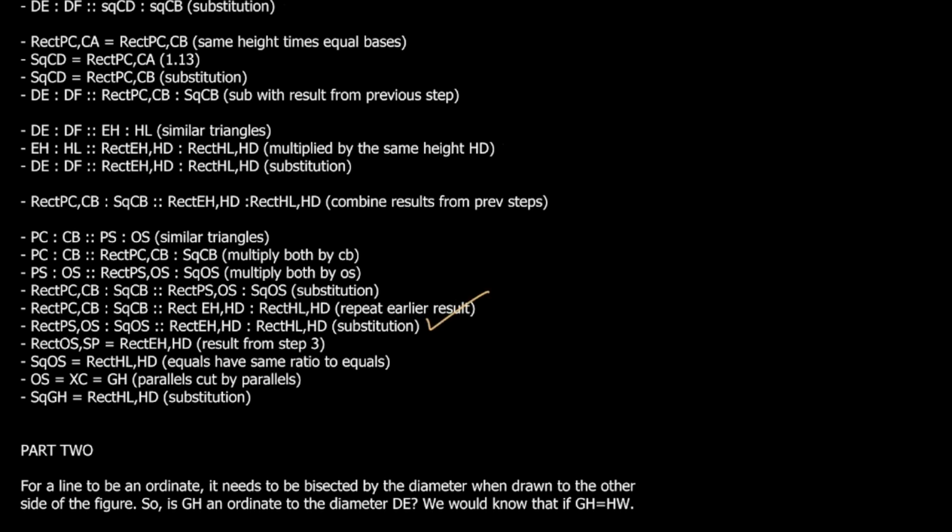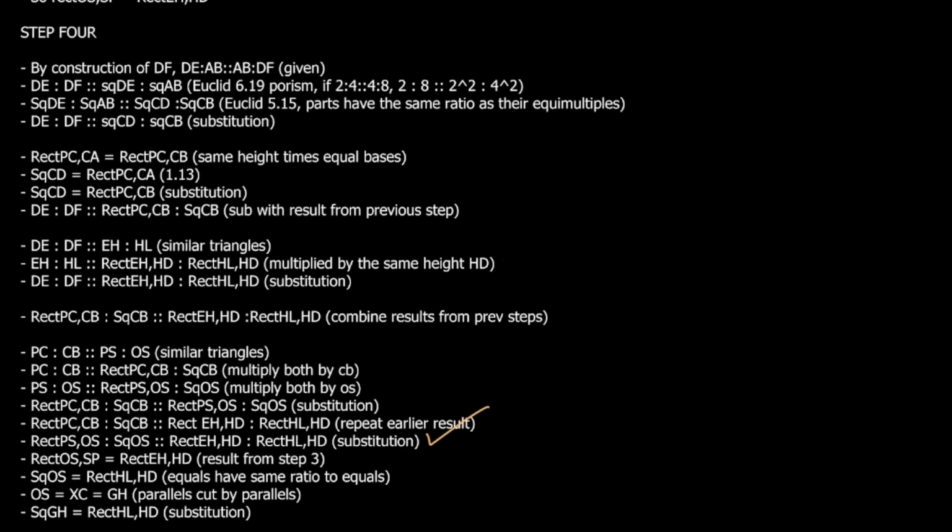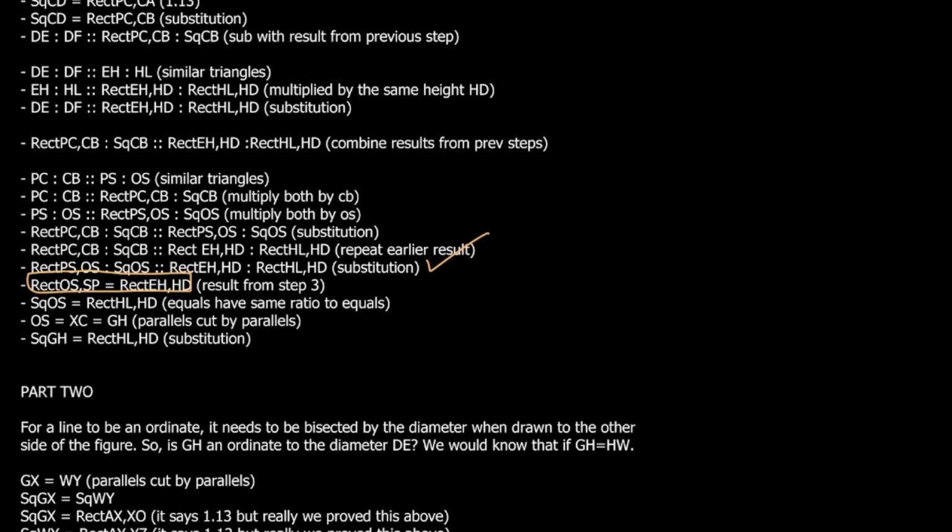Oh, so now step 3 is going to be relevant again. Rectangle OS, SP equals rectangle EH, HD. So we'll just rewrite that. Already forgot how we even got that, to be honest. So OS, SP is just written differently here, but it's here.